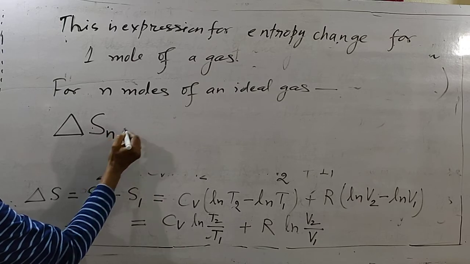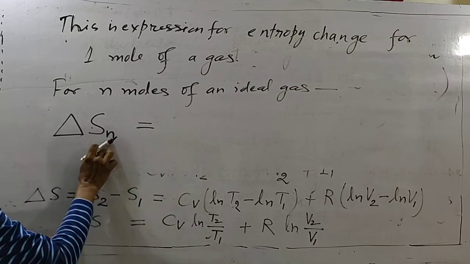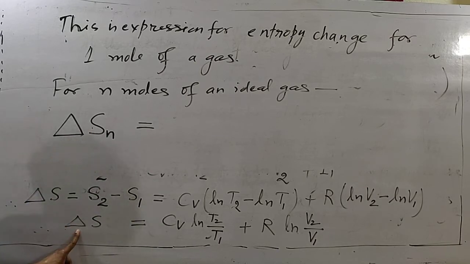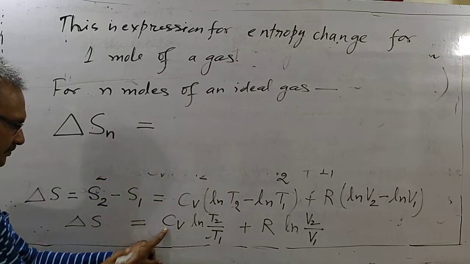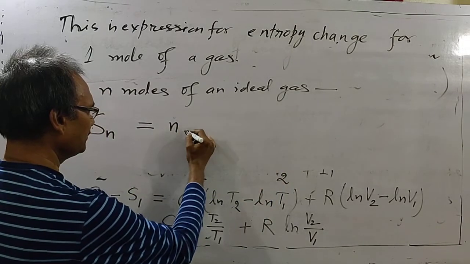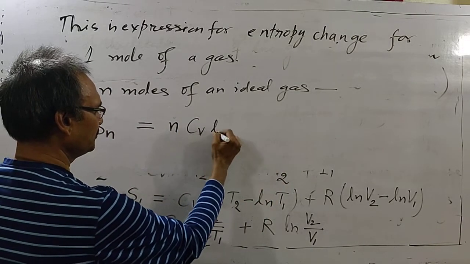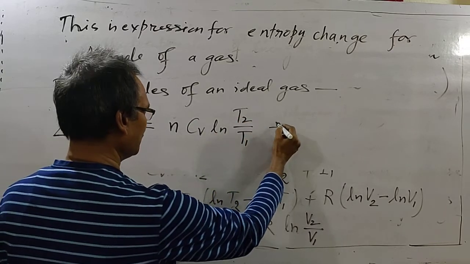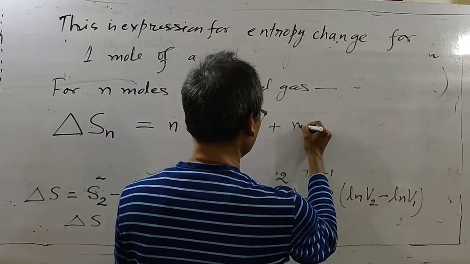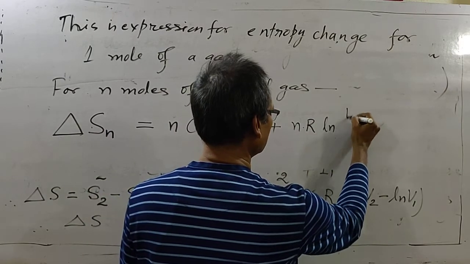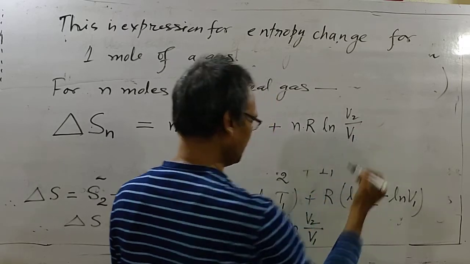Delta Sn, n for n moles, delta S for entropy change, is equal to n CV ln T2 by T1 plus nR ln V2 by V1.